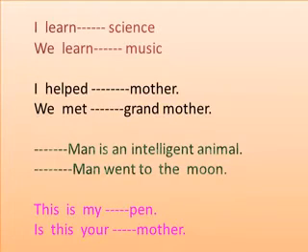Just think of these pronouns: my, our, your, his, her, its, their. Before these pronouns and after these pronouns we never use "the". This is my pen. Is this your mother? We never say is this your the mother or is this the your mother. We don't say like that.